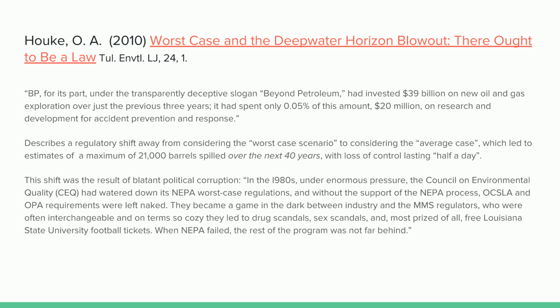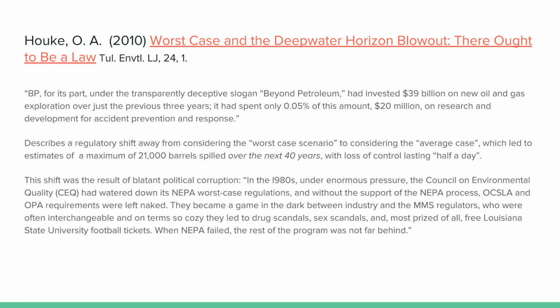But it wasn't just that decision to use less centralizers. Hook outlines a long history of laxing of regulatory standards. So for one thing, BP just wasn't very concerned about safety in the first place. BP's a huge company.